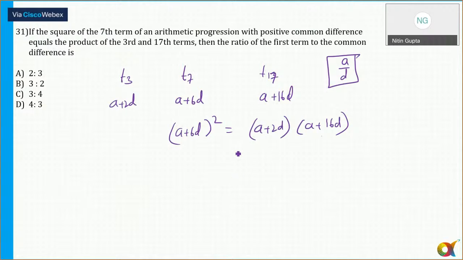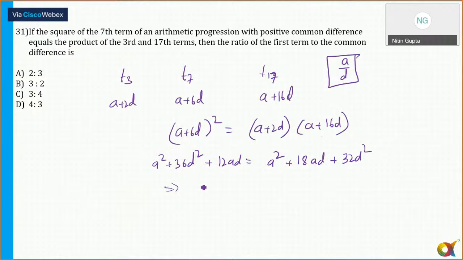Some of you might think that it's a quadratic, but it's not a quadratic. A square will get cancelled. So A square plus 36D square plus 12AD is equal to A square plus 16AD plus 2AD, that is equal to 18AD plus 32D square. So D square and D square in any case get cancelled.